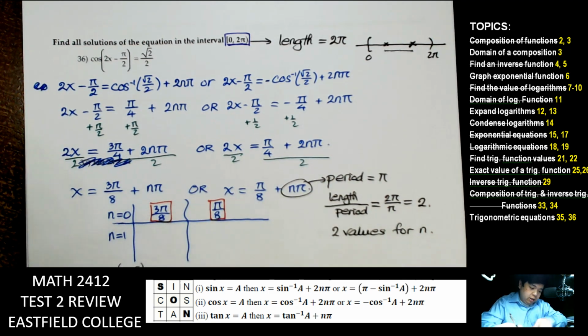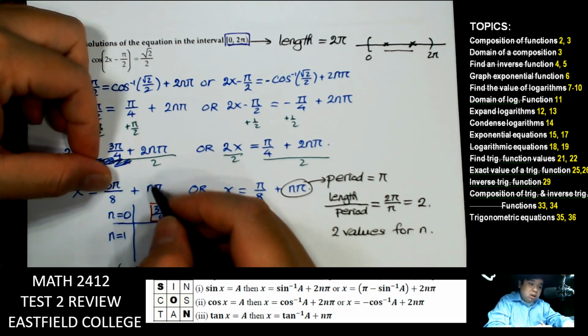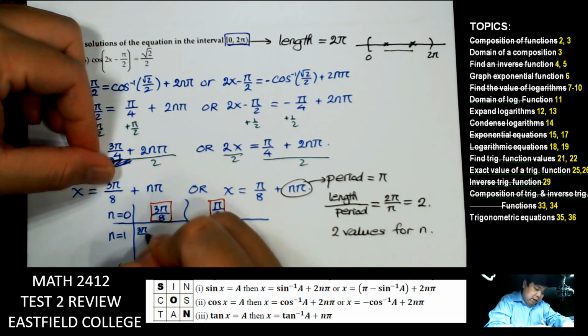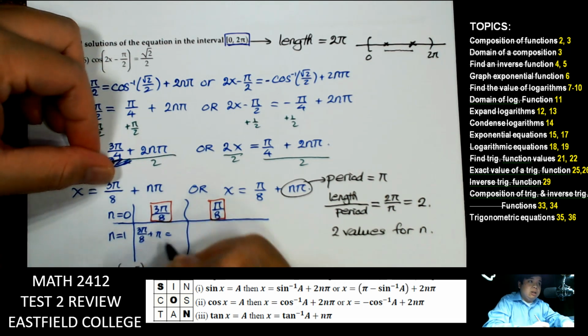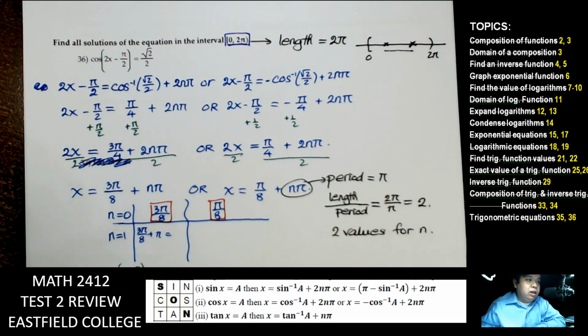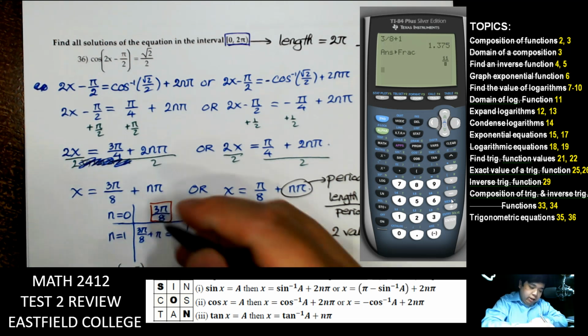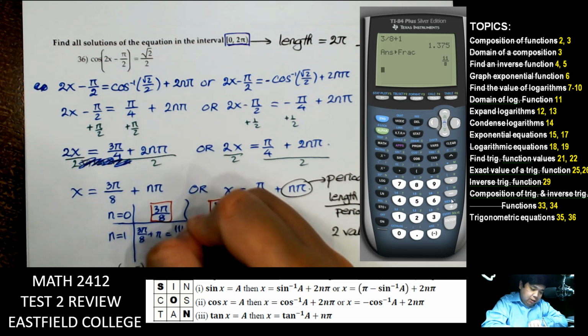Next, we choose n equal to 1. 3 pi over 8 plus pi, because n is 1, and use the calculator here. 3 over 8 plus 1, change that to a fraction, 11 over 8.